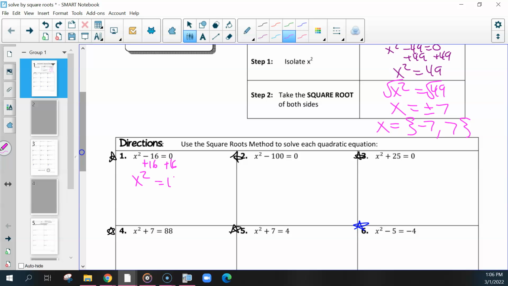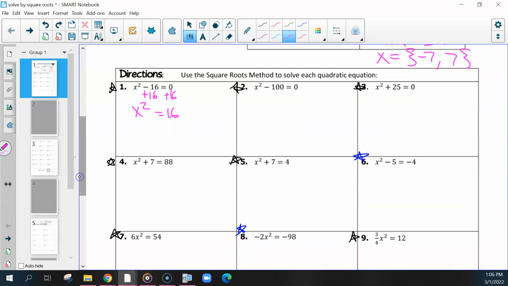Then you bring down the x squared equals 16. Then you find the square root of both sides. The square root of 16 is 4. So we would do plus or minus. We have to do both, plus and minus. And then our solution set would be x equals, in curly brackets, negative 4, 4.